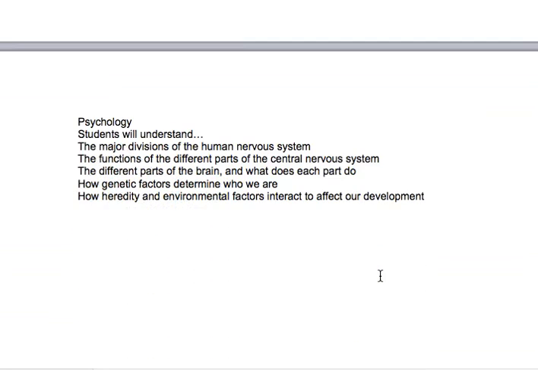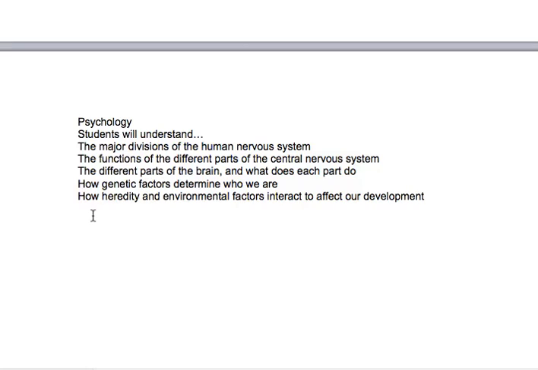Last example, here are some psychology learning examples. Students will understand the major divisions of the human nervous system. Students will understand the functions of the different parts of the central nervous system, different parts of the brain. What does each part do? How genetic factors determine who we are?